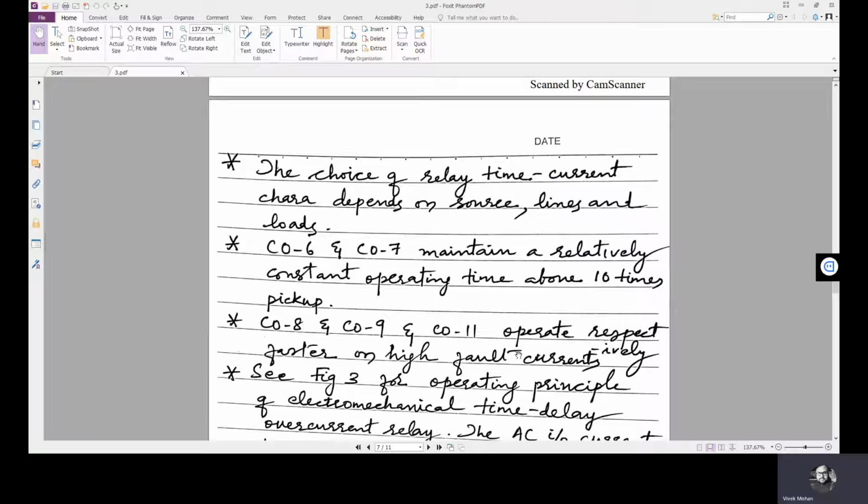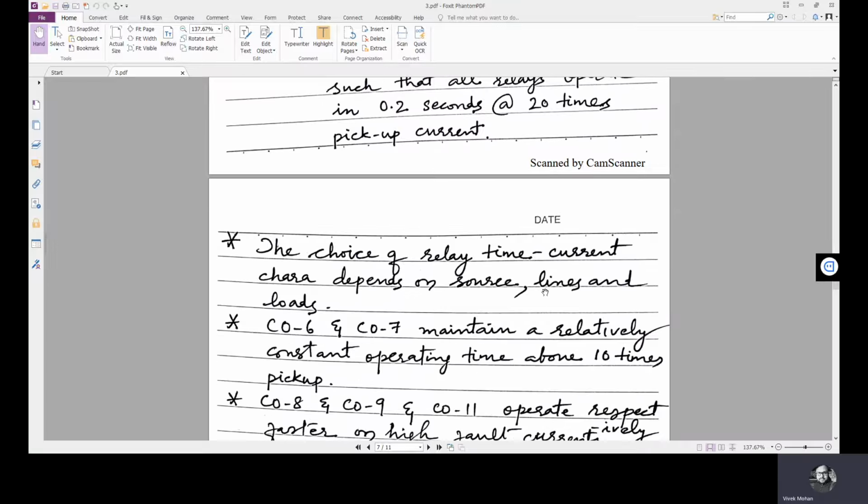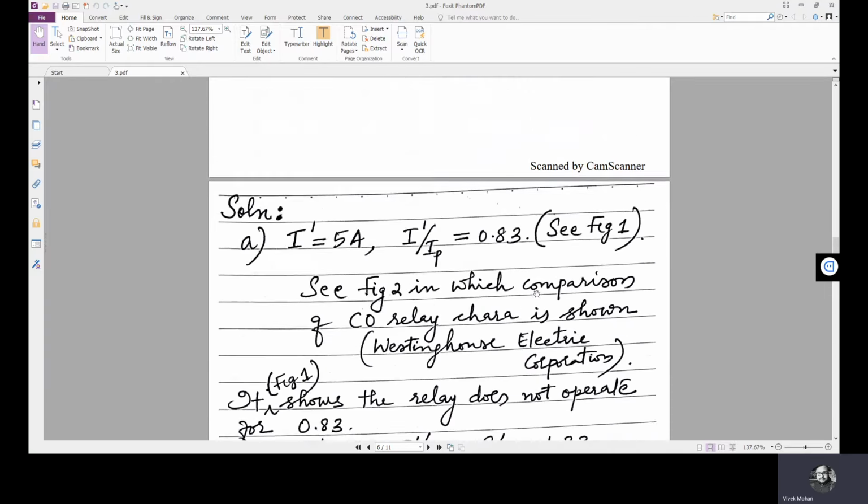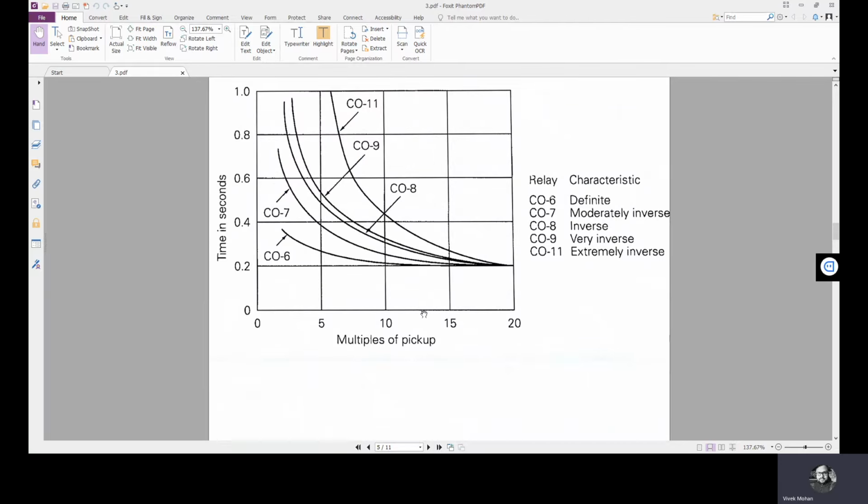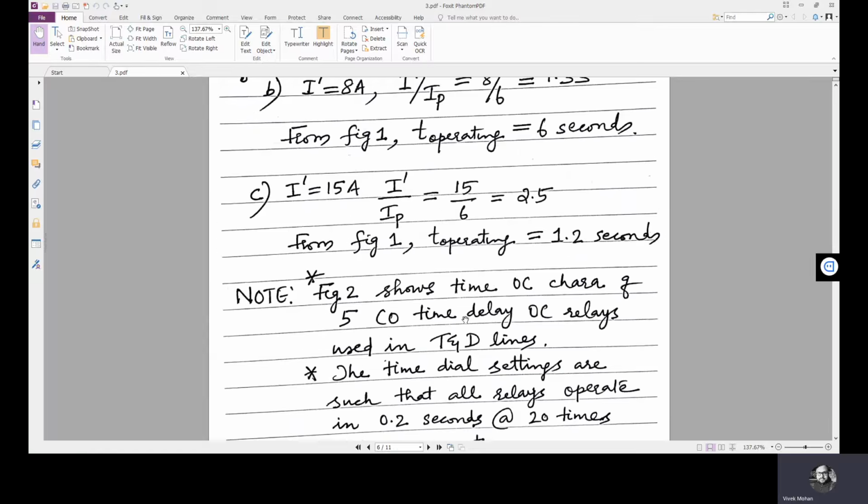These things decide the relay time current characteristic. So which relay should be used to protect a particular component is decided based on the nature of the source, lines and loads. Now CO6 and CO7 maintain a relatively constant operating time above 10 times the pickup value, almost the same time delay. That is what is shown.